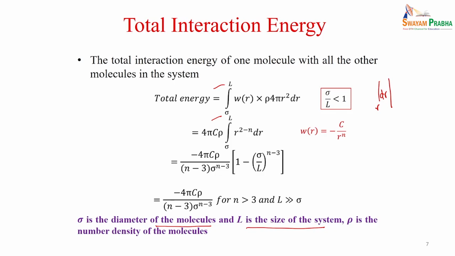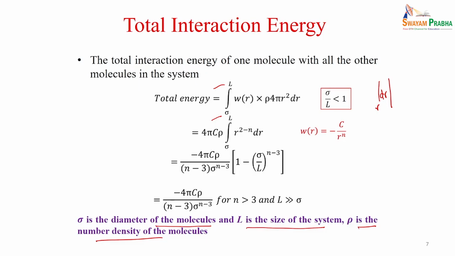So, at this distance we are considering the interactions, so it will be 4 pi r square into dr. How many molecules? If you multiply with the number density, these number of molecules are interacting.